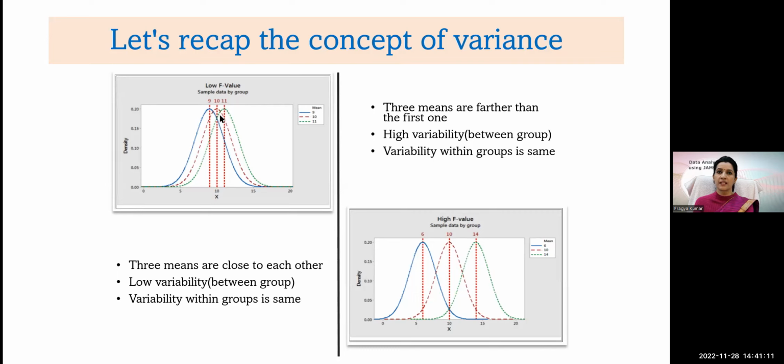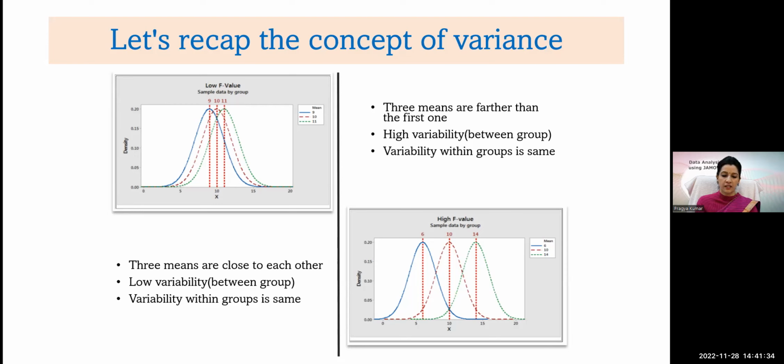So we say that there is a low variability between groups because these group means highly overlap, and the variability within group is the same. Why are we calling it the same? Because if you measure the breadth, it is almost the same in all three groups. So variability within the group is the same.